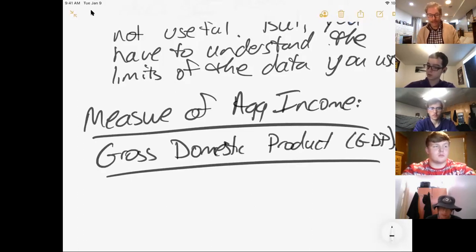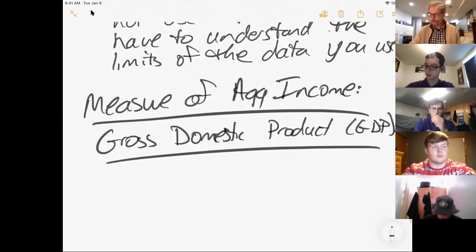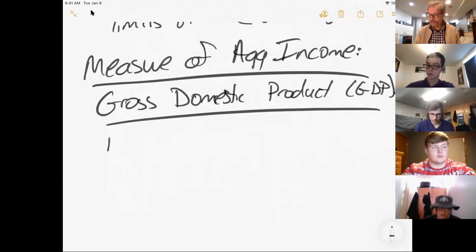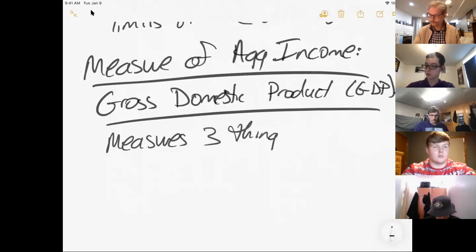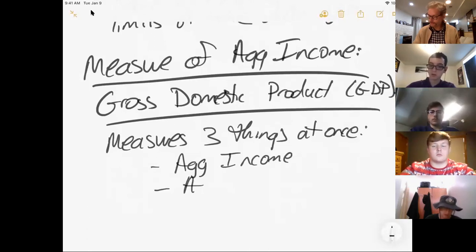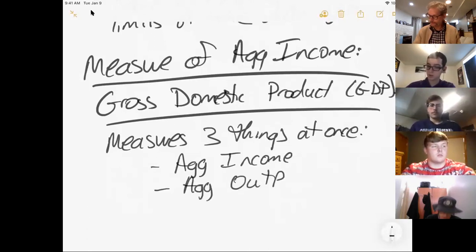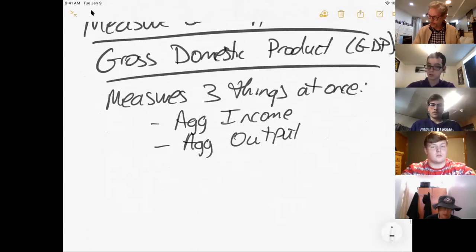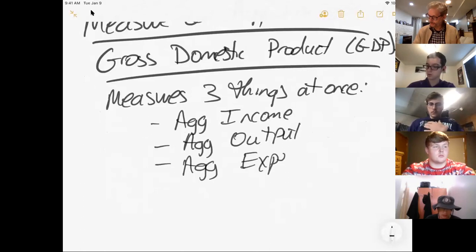You may or may not be familiar that GDP is just an acronym for gross domestic product. Gross domestic product actually measures three things at once. It measures aggregate income, but it also measures aggregate output. And finally, it measures aggregate expenditure.